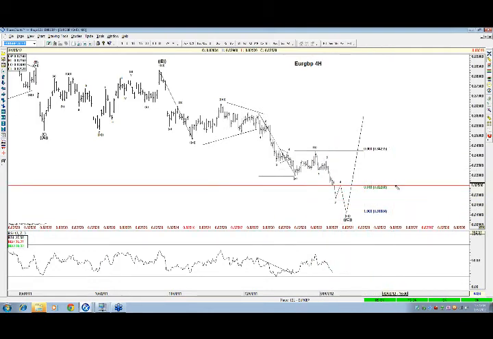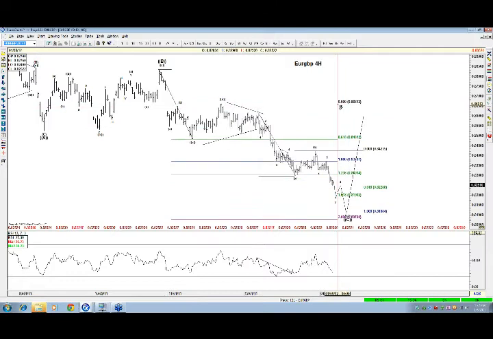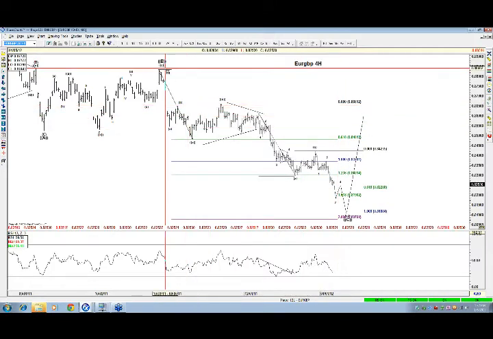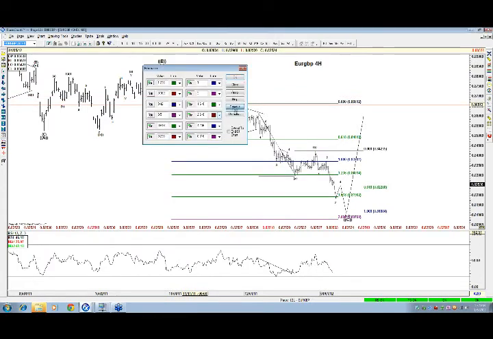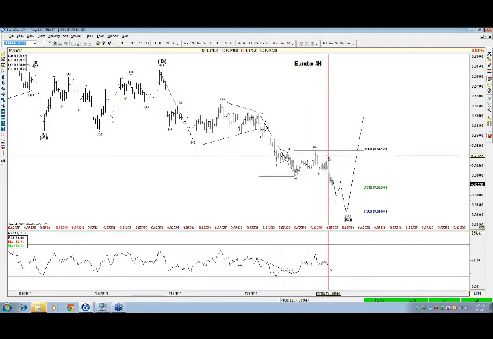Now, ideally, this leg goes to the 618, the C of the A, right? So these two, you need to find a way to relate the weights. These two are going to become equal at 82.00.